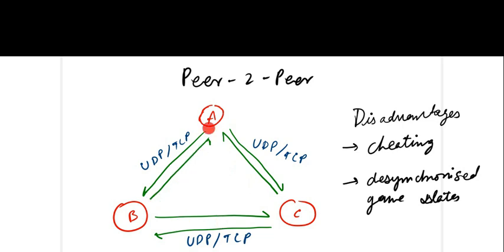So A will have to wait for the packets to come, and C will also wait for the packets to arrive. In this way, the game of user A and user C will also be slowed down. So this can also be eliminated to some extent in our other model, which is the client-server model.